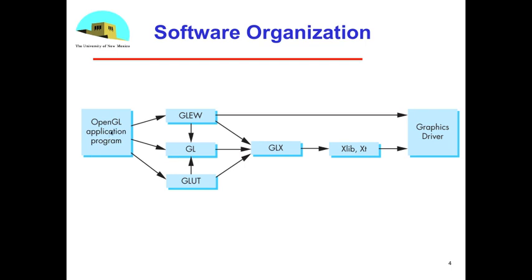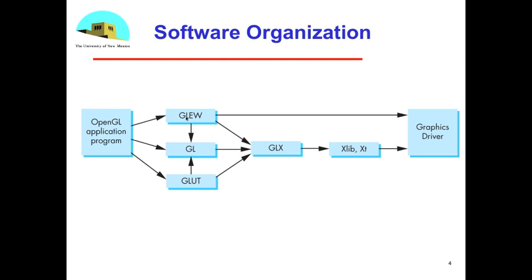But from the point of view of the application program, you would be making calls to just these three libraries: primarily the GL library for your actual graphics, your GLUT library for interactivity, and perhaps the GLU library just once or twice to get things started.